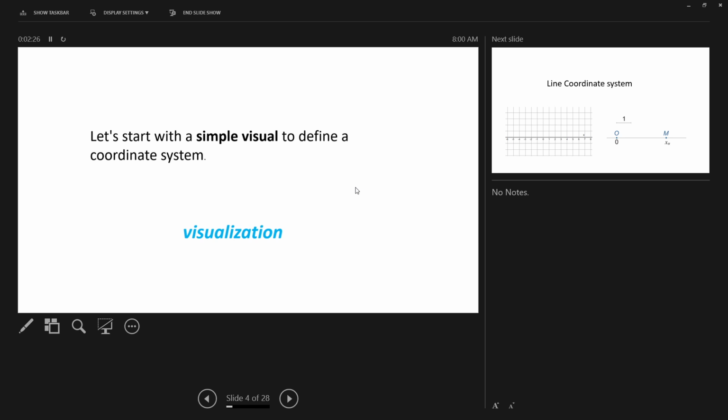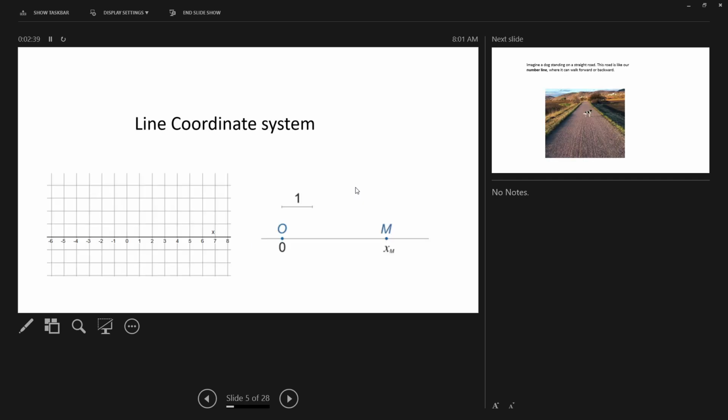I think the best way to understand coordinate system is by visualization. So we will start with a line coordinate system. As you can see, it's simple, a line and numbers attached to it.